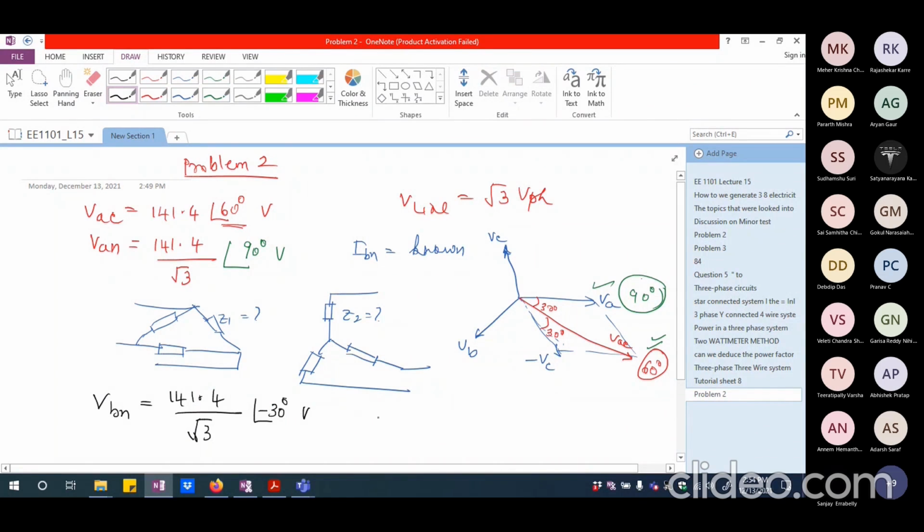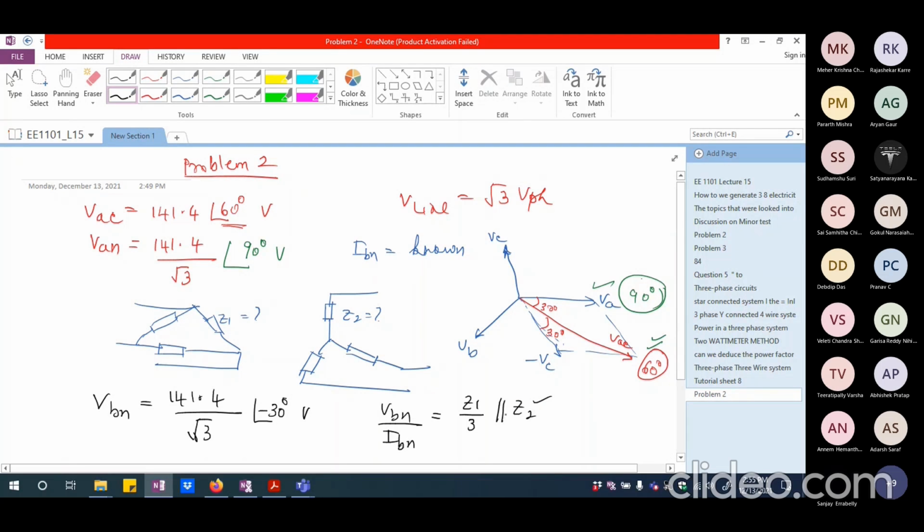Now, if IBN is also given, then I can say VBN by IBN is equal to Z1 by 3 in parallel with Z2. Right? Because Z1 I am converting into star. So from which Z2 can be calculated. Is this clear?